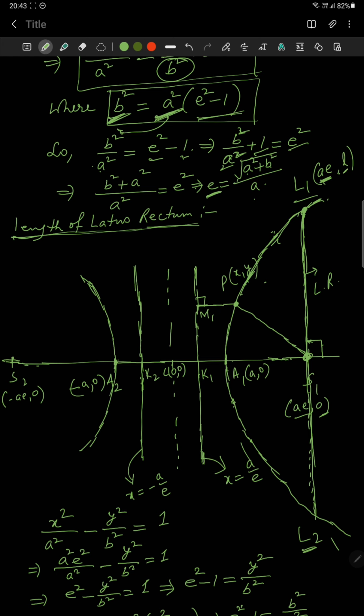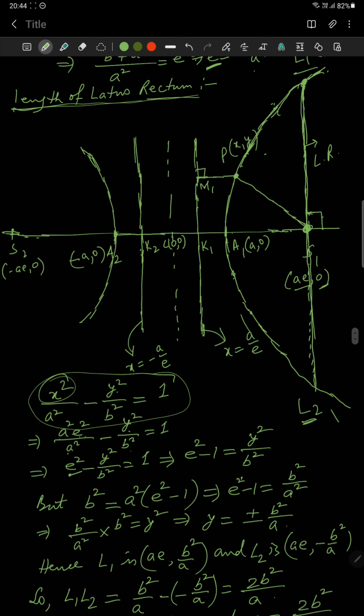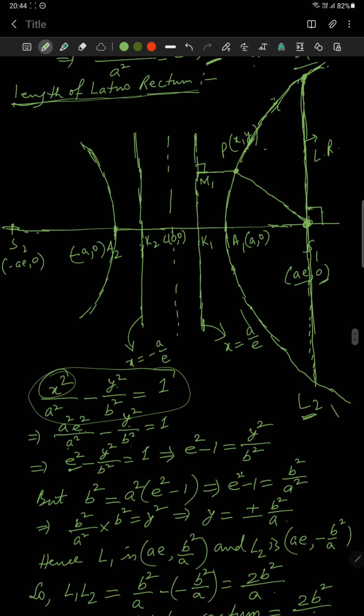Now as you are finding that this L1 (AE comma L) lies on the hyperbola, and the equation of the hyperbola was this. So in place of x we can write AE, that is A square E square, and A square are getting cancelled. We are left with E square minus y square by B square. In place of y we can take L. I have forgotten to write that.